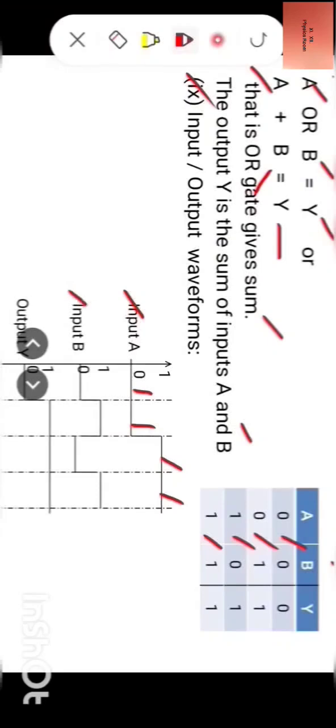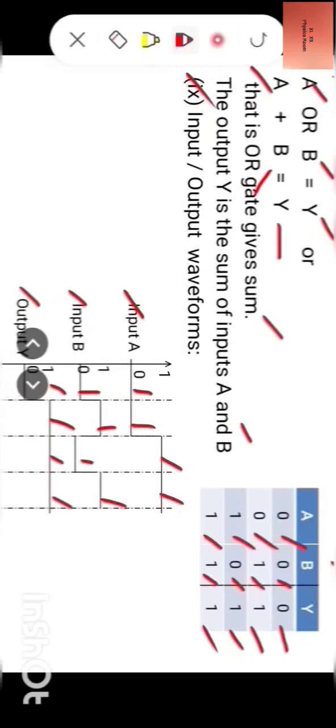Now this is input B, and in the table input B is 0 1 0 1, and here we have 0 1 0 1. Now this is output Y, and in the table output Y is 0 1 1 1, and here we have 0 1 1 1. This is how we draw the input and output waveforms of OR gate.